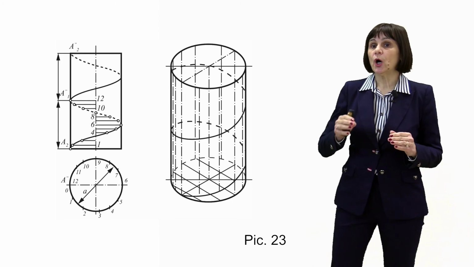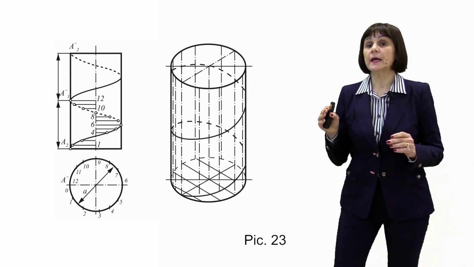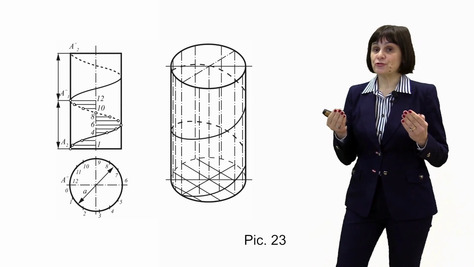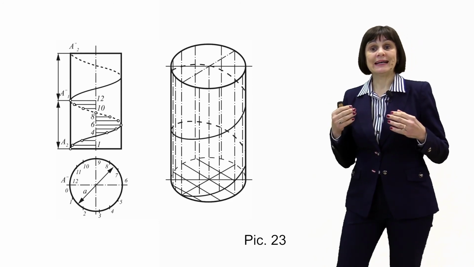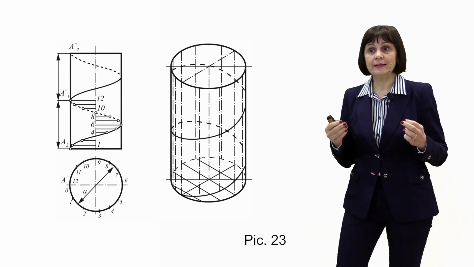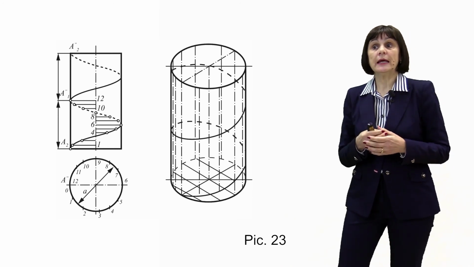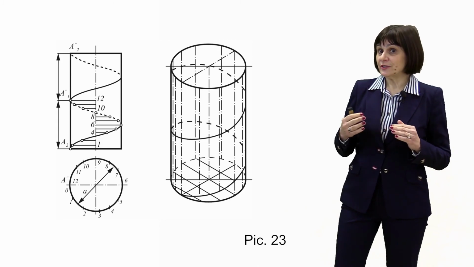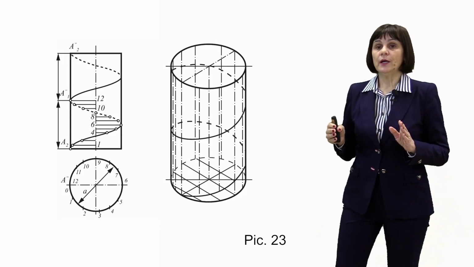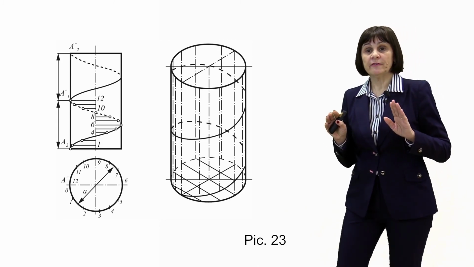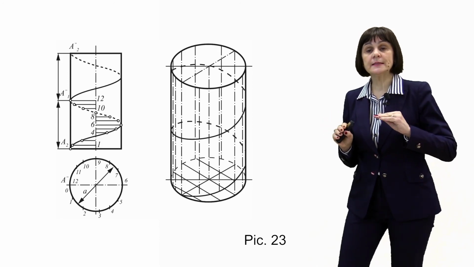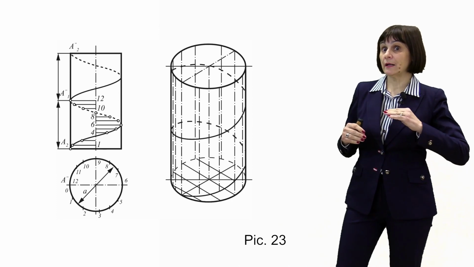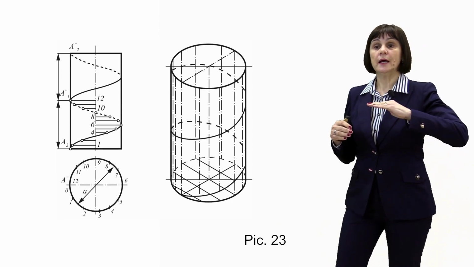Step by step, we constructed the points, and these points on the frontal projection plane we can connect and get a cylindrical helical line. It's not difficult, as you see. You only must be very attentive constructing these lines. We use the level lines.